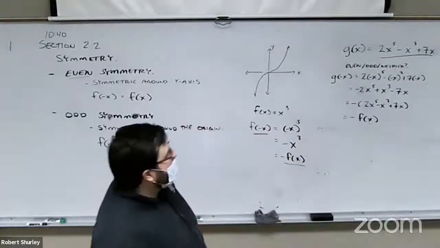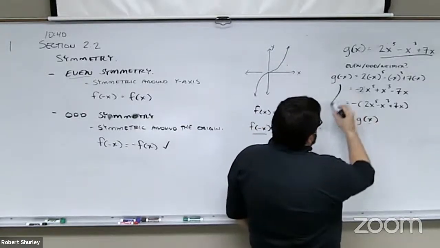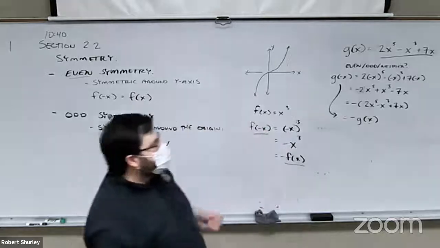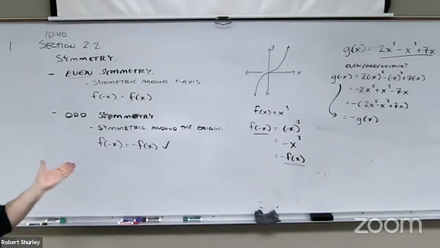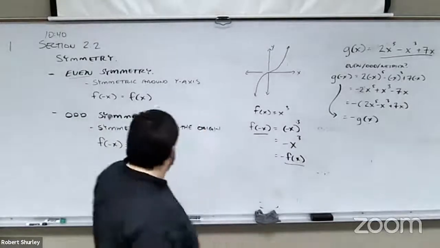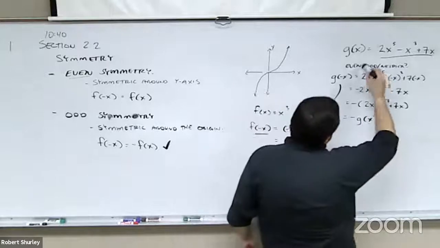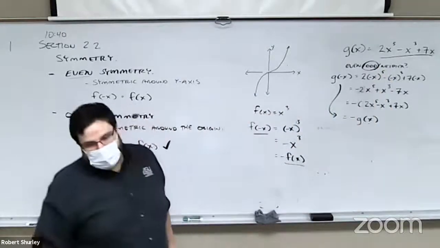I'll put an F there. That's a G. We plugged in negative x and we got back negative g of x. Hey, it's an odd function. Okay, it's an odd function.